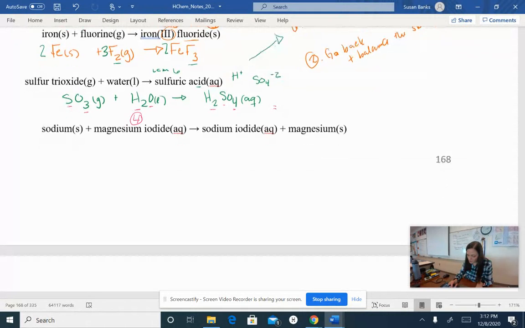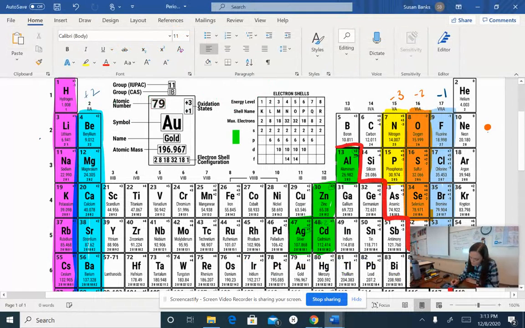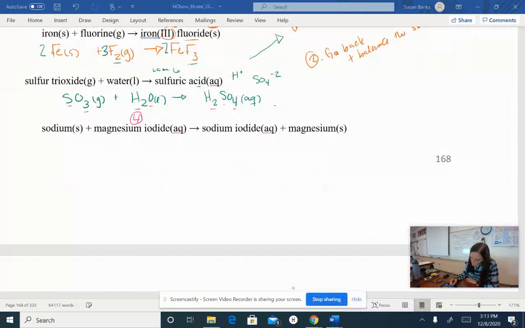All right, here's another example. Sodium, solid. So sodium in the solid form. Magnesium. What's the charge that magnesium acquires? Do you see that magnesium's in that second column, so it's going to be a positive 2? Let's see, iodine.